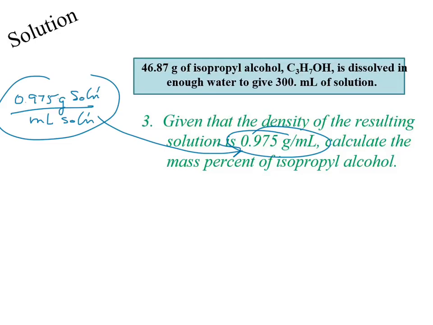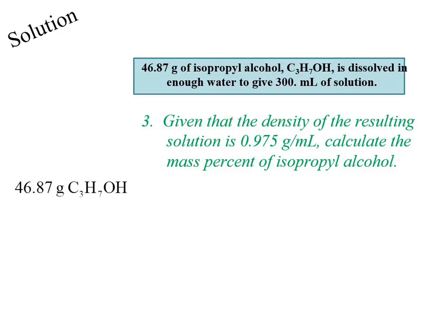So with that in mind, here we go. We start like we did before, going back to the information given in the problem. We were given 46.87 grams of solute, 46.87 grams of C3H7OH, and the volume of the solution, 300 milliliters of solution.